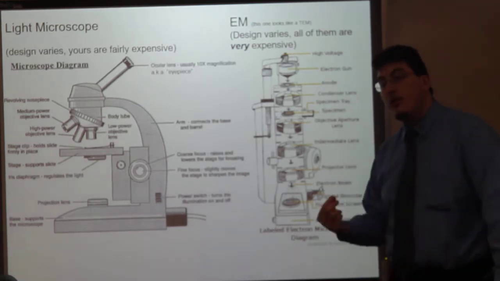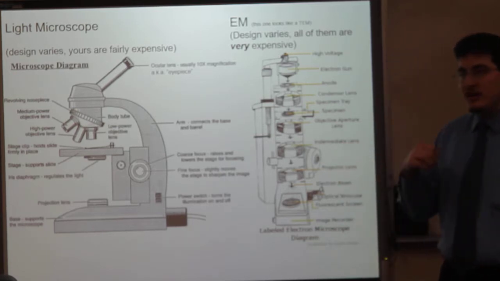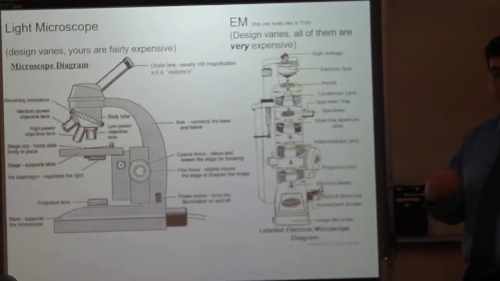Now, light you can focus using a lens, but you can't really use a glass lens on electrons. That will just block the flow of electrons altogether.